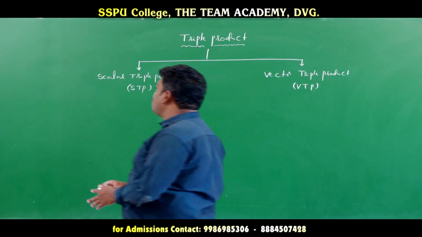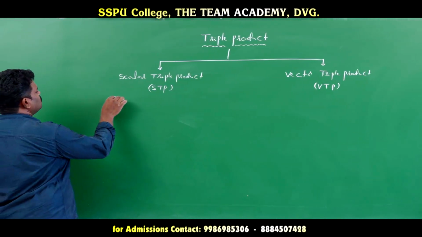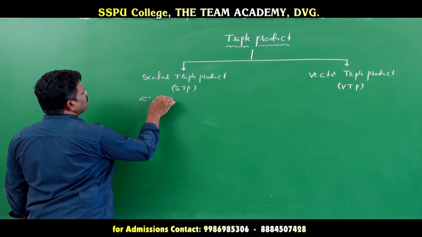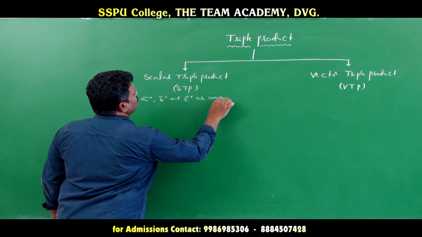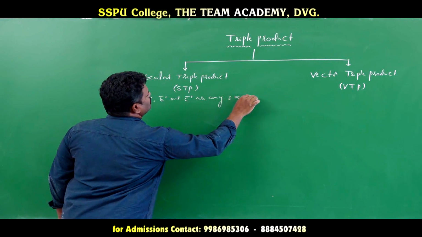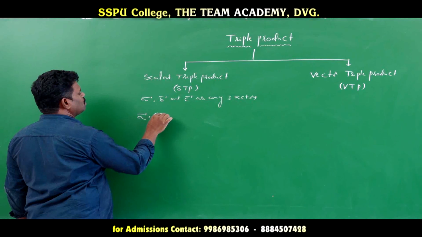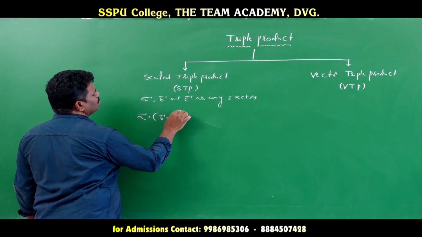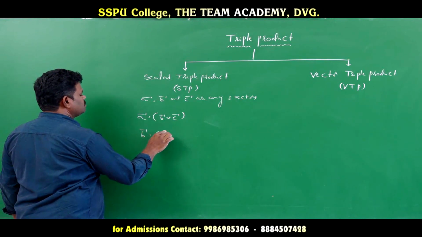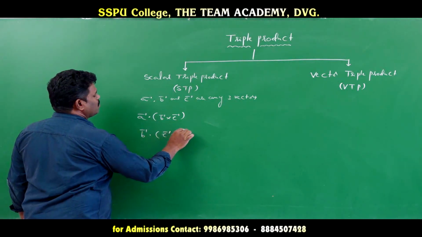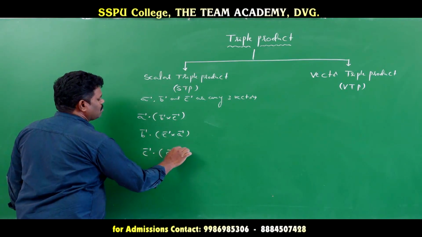Which forms are said to be scalar triple product? If we take any three vectors, suppose A bar, B bar and C bar, then the forms are: A bar dot B bar cross C bar, next B bar dot C bar cross A bar, next C bar dot A bar cross B bar.